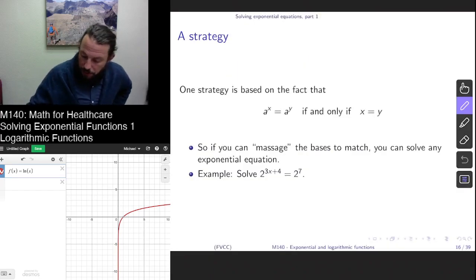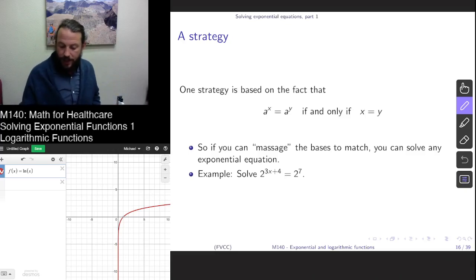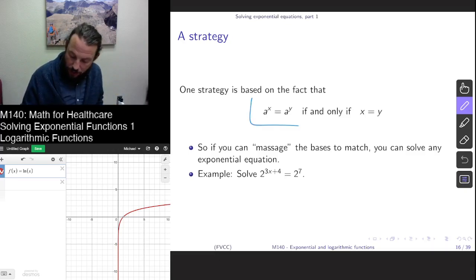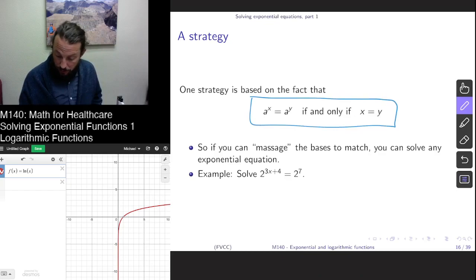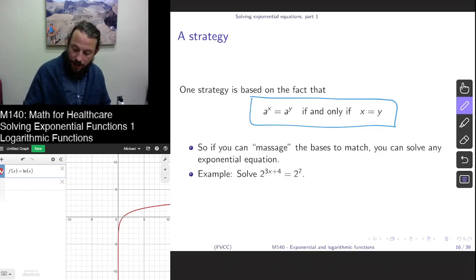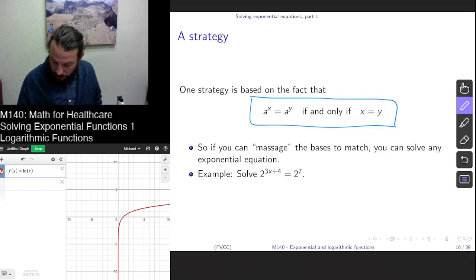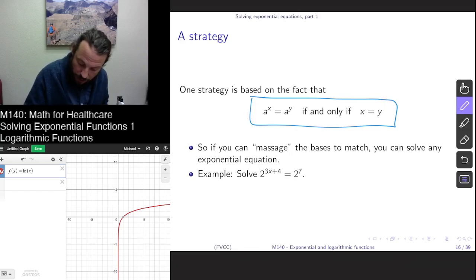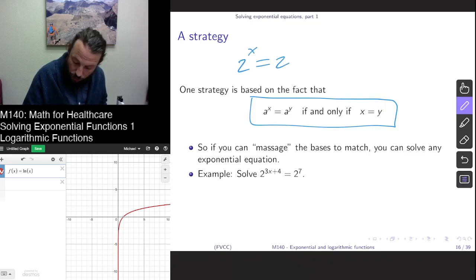One strategy is based on the fact that a to the x equals a to the y if and only if x equals y. What does that mean? It means something like this. Let's say we have 2 to the x equals 2 cubed.